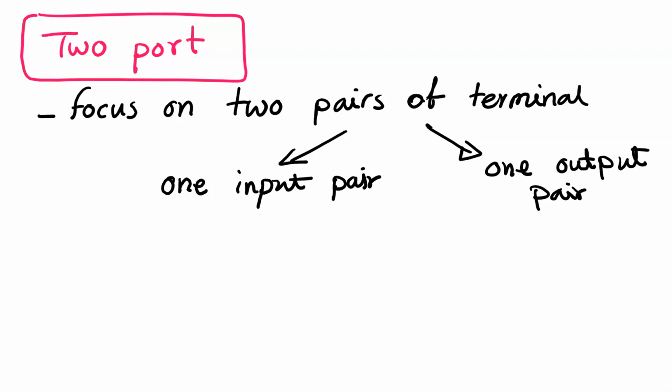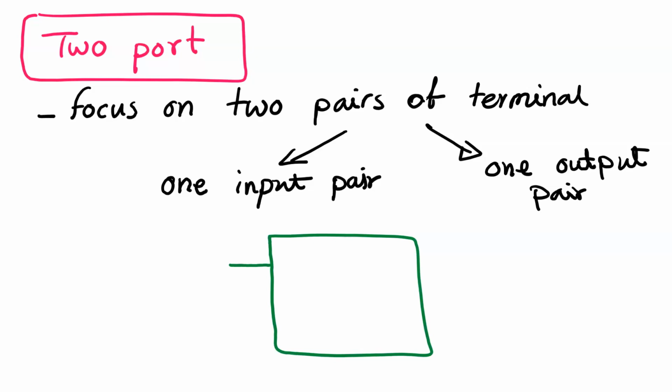So this is how the circuit looks for a two-port circuit. This is our circuit, and we are focusing on one pair here and another pair here. In the first pair, we can add our input, so we can choose any input to be connected to this pair, which I'm going to call A and B, and then the other pair will be considered as our output, so I'm going to call this A prime, B prime.